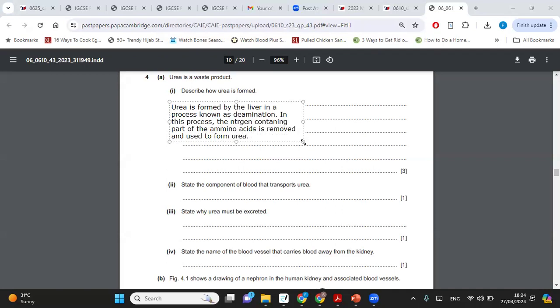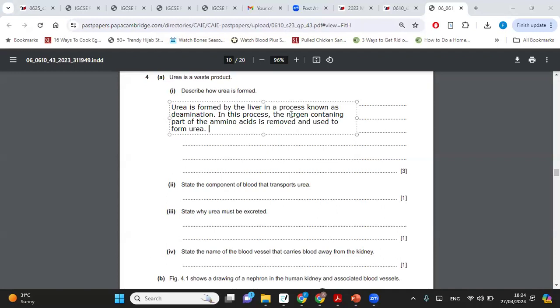That's what you can write down for 3 marks, right? Do I need to write the process name? You don't need to write it down, but if you mention it, that will be one thing in your favor. Hence, excess amino acids are removed by the body.